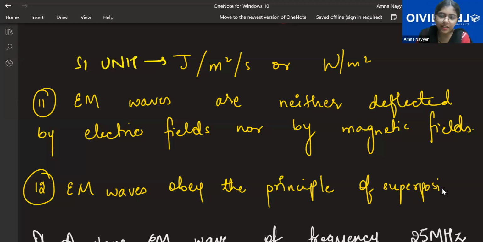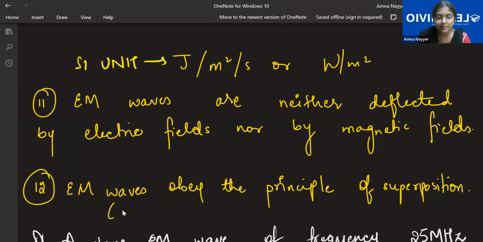Superposition. We have a chapter, wave optics. After wave optics, at that time we'll understand what this principle of superposition means for waves. These electromagnetic waves are waves. Like we've already studied superposition for electric forces, electric field and all, here also superposition comes and you have refraction, reflection and other concepts there. Interference is there, diffraction is there.